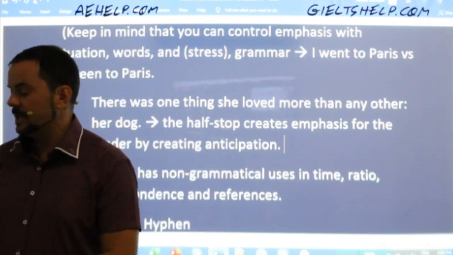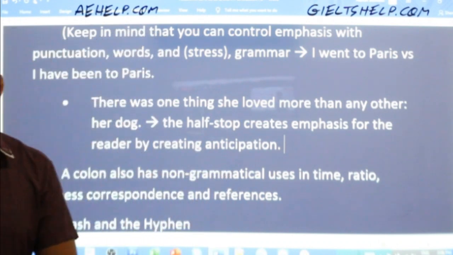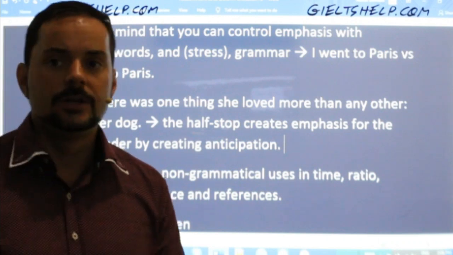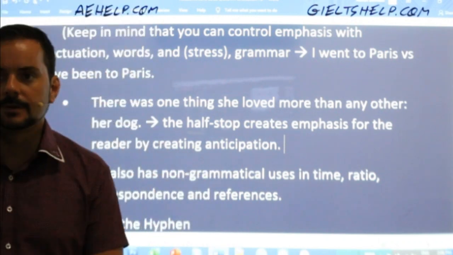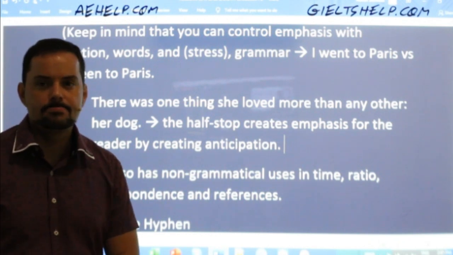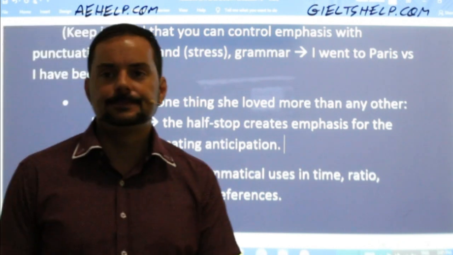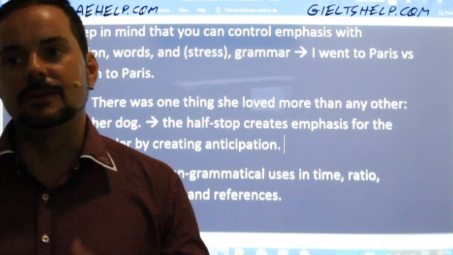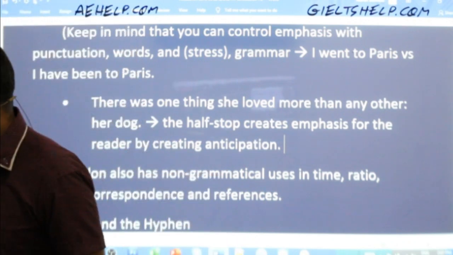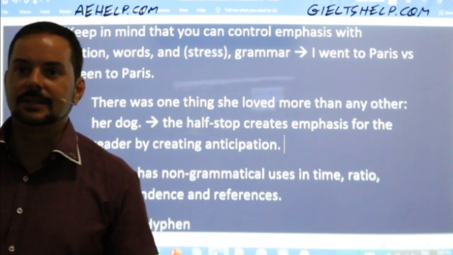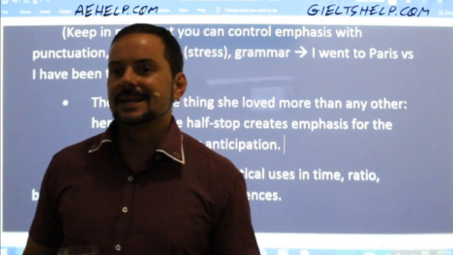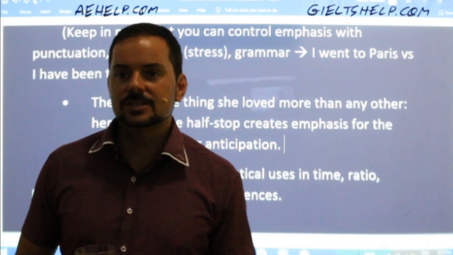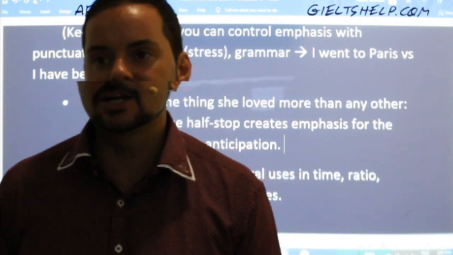Please write an example sentence where you're using the colon for emphasis. Okay. And then I'll give you some feedback, of course, whether or not you're using it correctly. Yvonne says, I like different styles of music: jazz, rock, and classical.